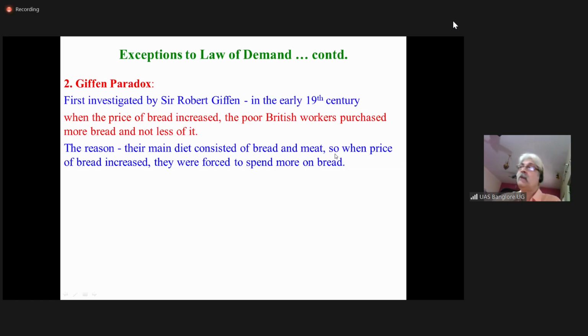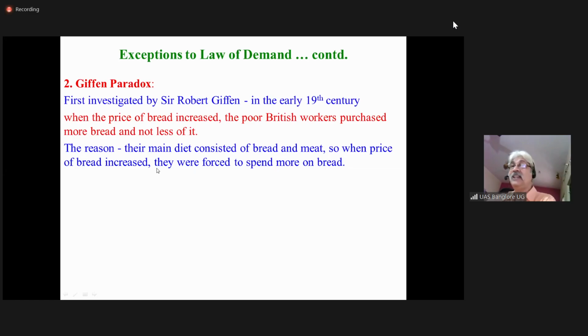So they were forced to purchase more bread and less of meat so that they could balance their expenditure. The reason, their main diet consisted of bread and meat.